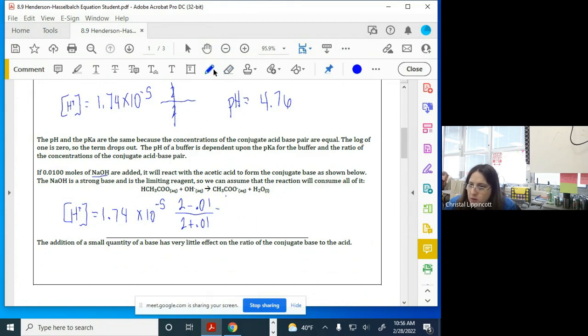So then we go through and we subtract this, we add that, we divide this, and then we multiply by this guy, and we're going to get our H plus value.